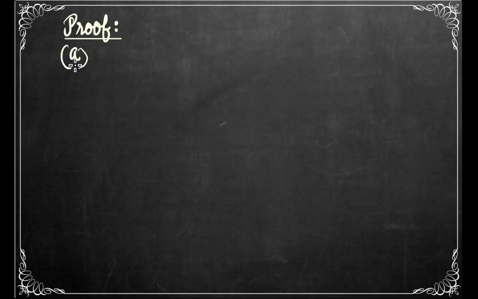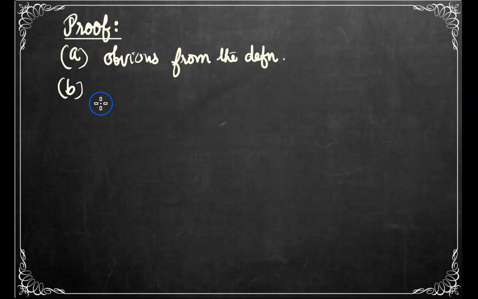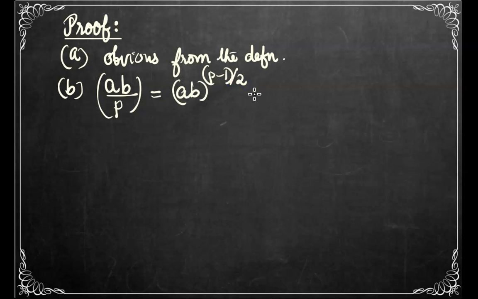The first property, that the Legendre symbol depends only on the residue of a modulo p, is obvious from the definition itself. The second property gives us the value of the Legendre symbol (ab/p). We know that this is equal to (ab)^((p-1)/2) using the previous proposition, and that is equal to a^((p-1)/2) times b^((p-1)/2).